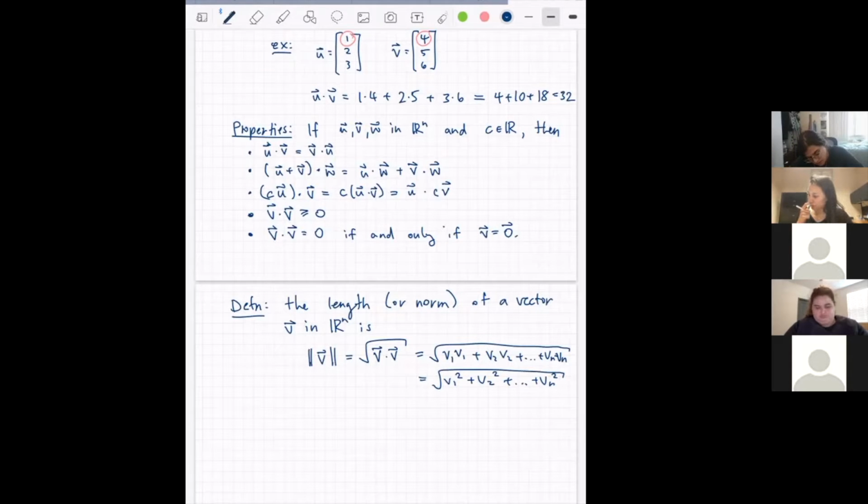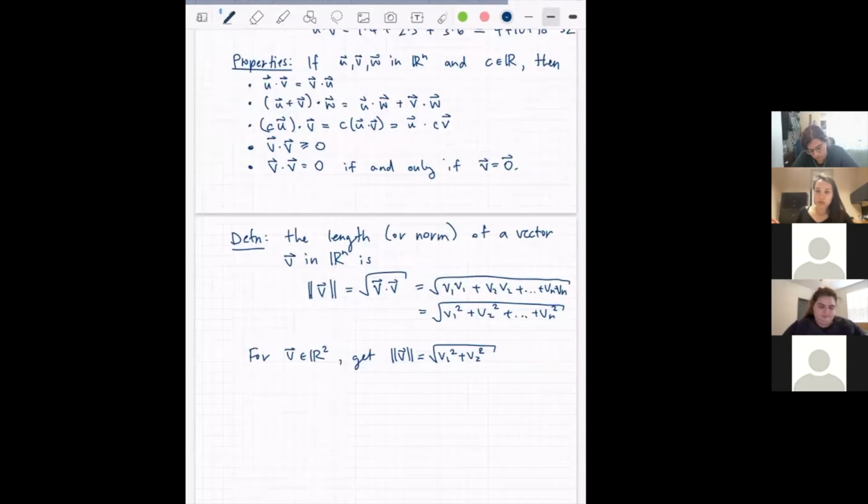If you look at this in R2, so if v is just a vector in R2, the norm of v, or the length of v, is the square root of v1 squared plus v2 squared. So it agrees with our notion of length that we already have. This is just the distance formula in R2.